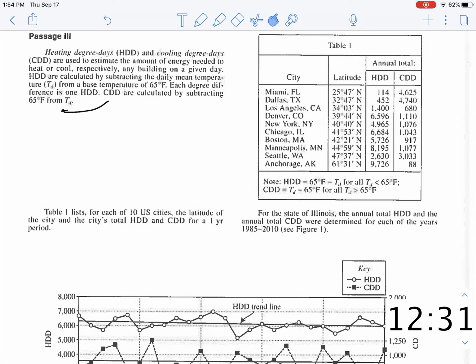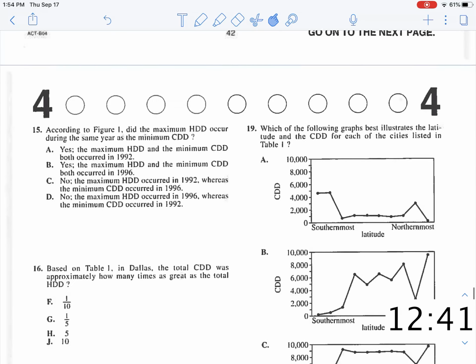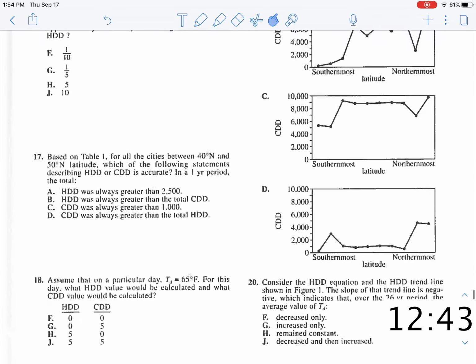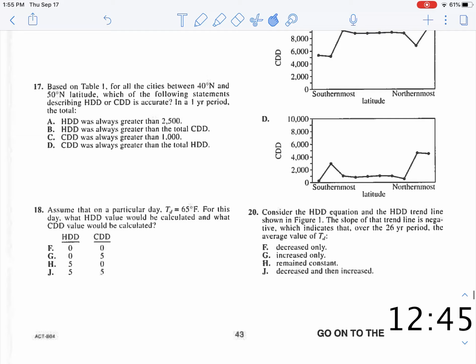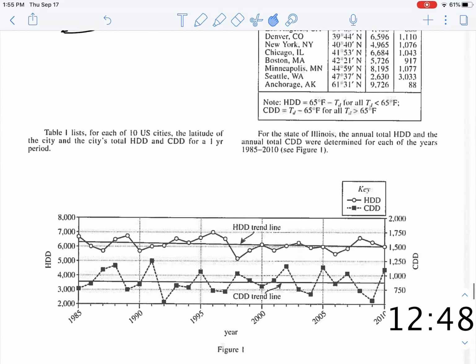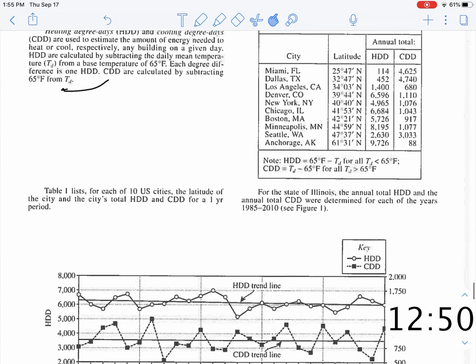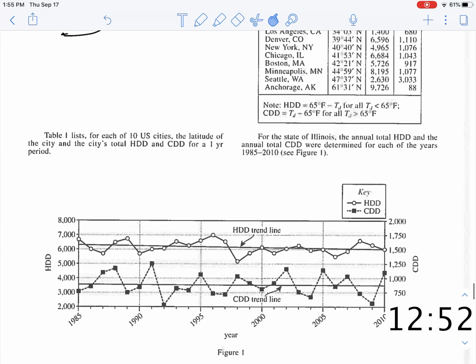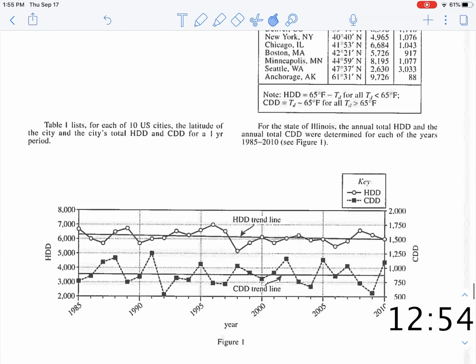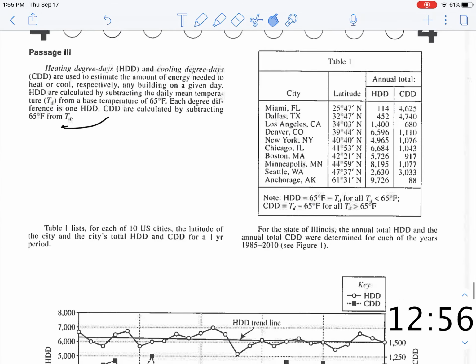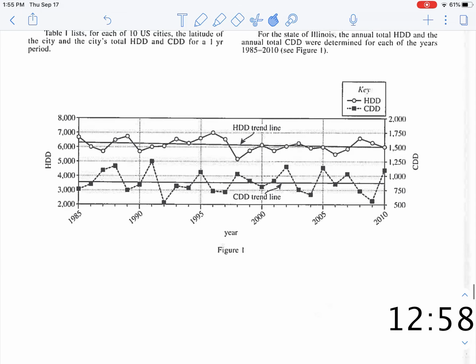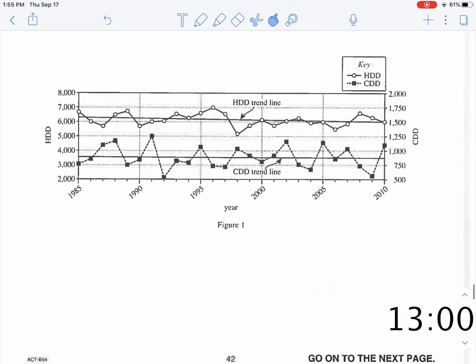HDD are calculated by subtracting the mean temperature from the base. CDD are subtracting... Okay. Okay, great. Please have a question on that. Doesn't. Great. Okay, I don't even know what I'm doing. Table 1 lists for 10 U.S. cities the latitude of the city and the city's total HDD and CDD for a year. Okay, can you ask a question, please?